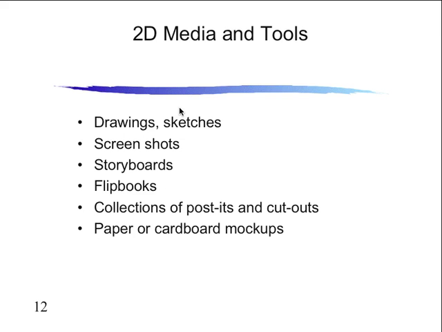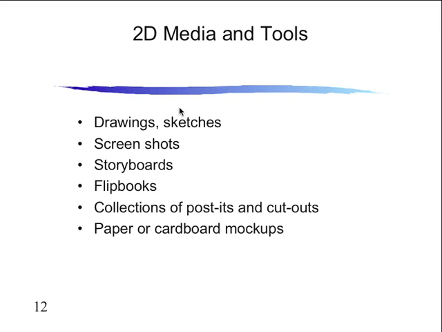So if we go up a level, we have the two-dimensional media and the tools that are used for that. That would be screenshots. Say you're taking an existing program as an example and building an upgrade to it, and you're going to build a new menu on the left-hand side. You take a screenshot of that program and draw a little arrow saying, new menu right here. This is where I'm going to put the new menu.